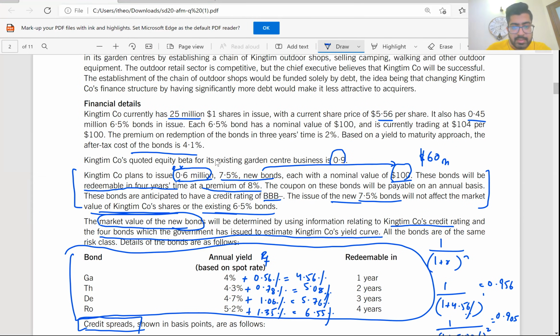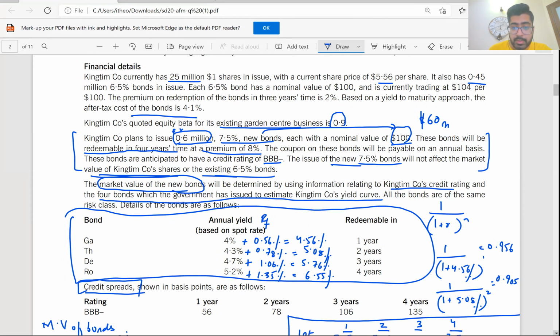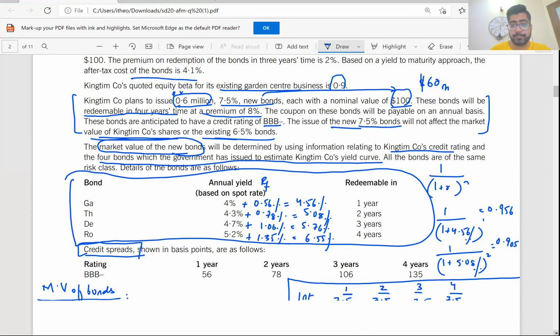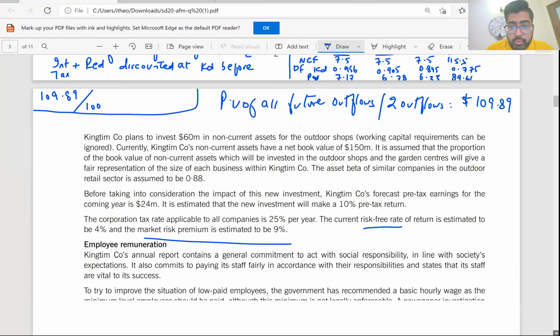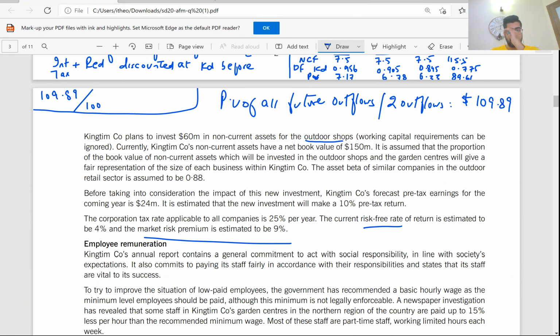This is for its existing garden center business. When a company issues new bonds, it's not just keeping the money, it's raising the new bonds and investing in a chain of outdoor shops. This will definitely change beta, okay? Because KINGTIM plans to invest 60 million, which it's raising through the new bonds, in non-current assets for outdoor shops.